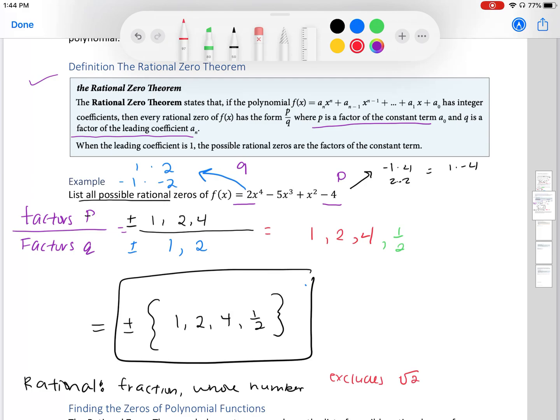It excludes i's, which are complex. So if I have a zero that's one of these, it will not be found using a rational zero. For these types of situations, you'll find these mostly with your quadratic formula.